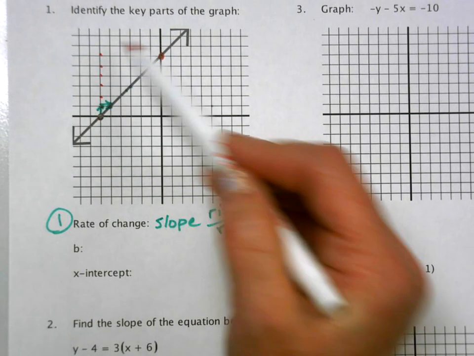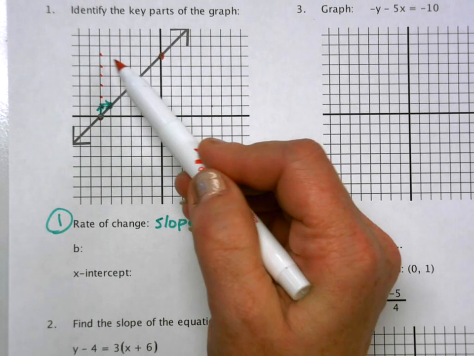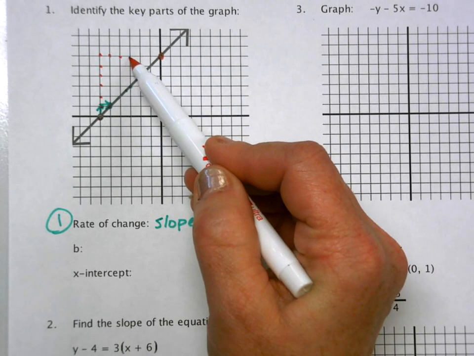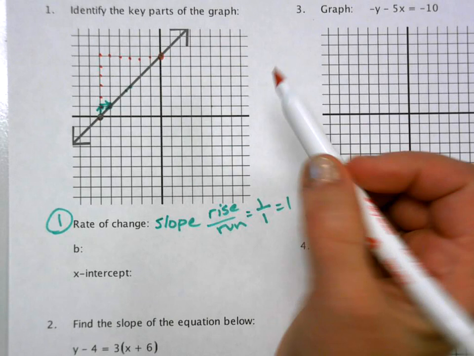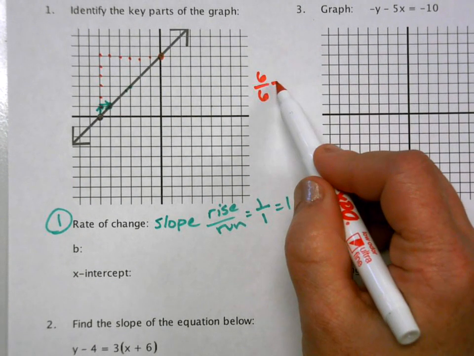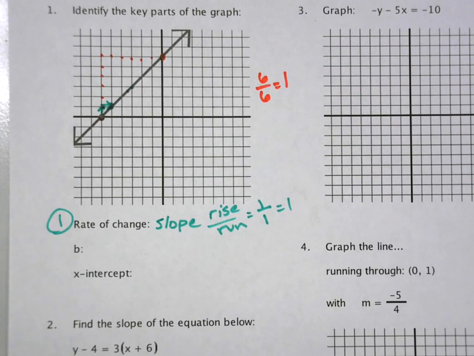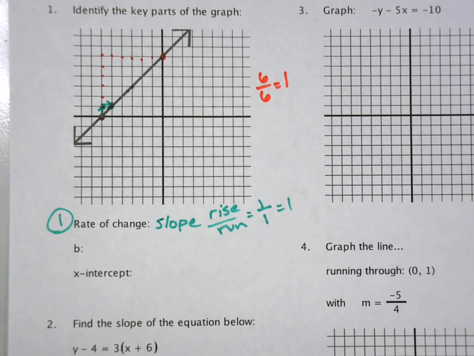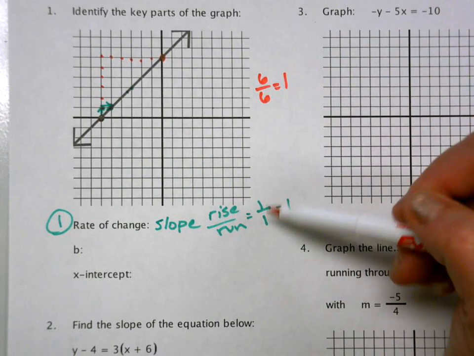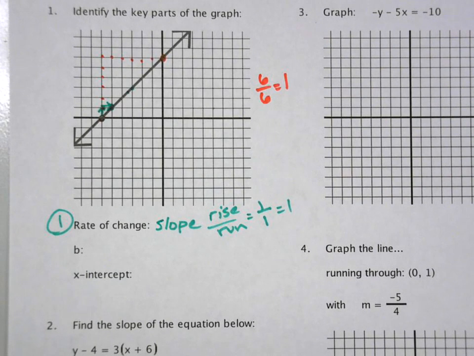My car doesn't jump over to this one, right? I'm still in my car, so I've got to now go 1, 2, 3, 4, 5, 6. So 6 over 6, it still reduces to 1. So it doesn't matter which points you use, your slope, once you reduce it down to its simplest form, should be the same no matter which points you use.